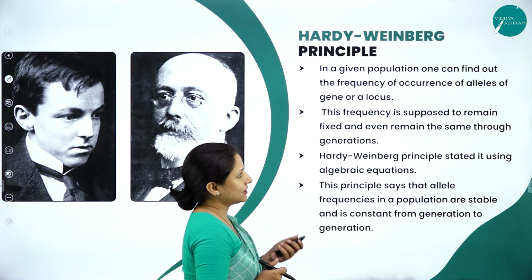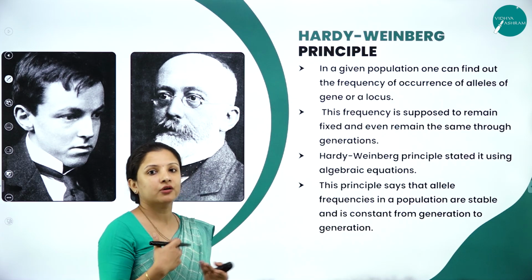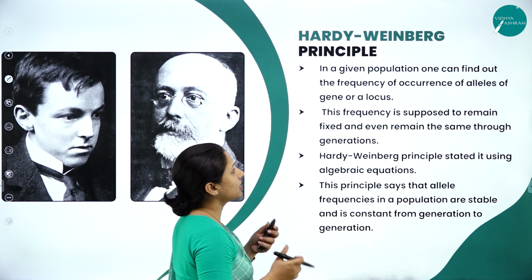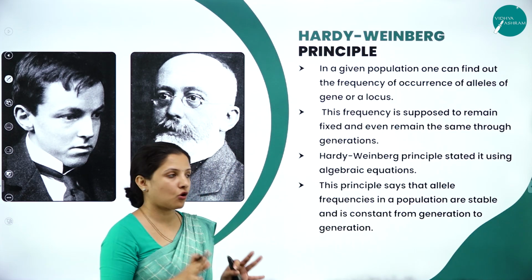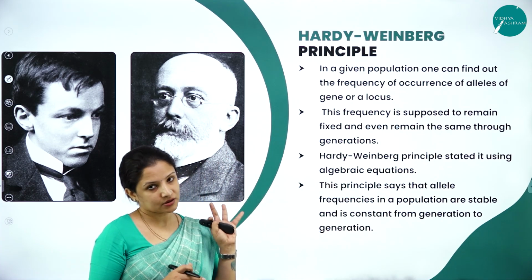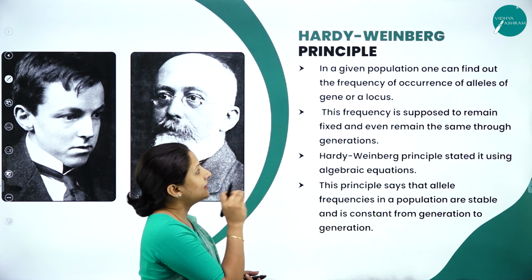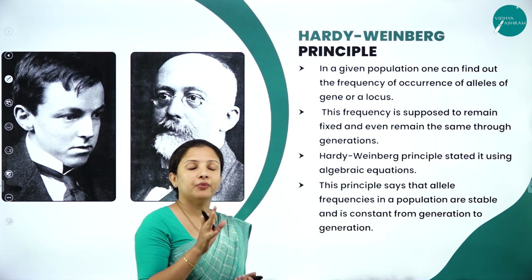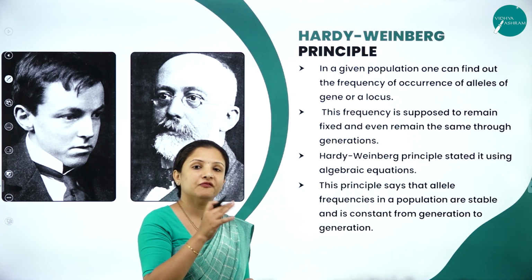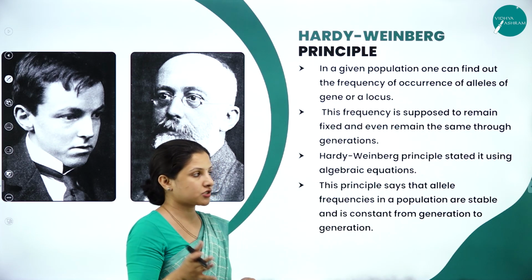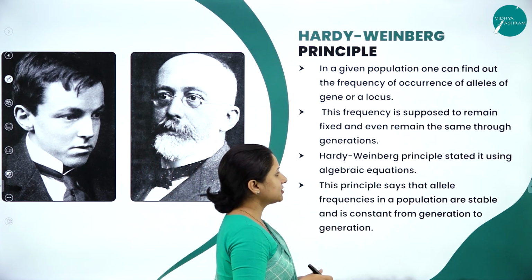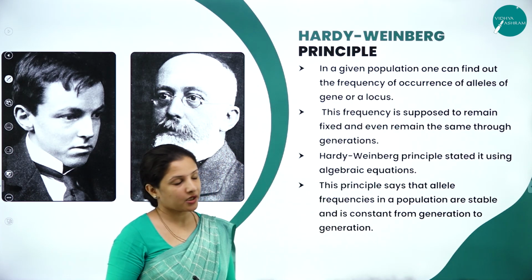This frequency of the occurrence of genes or alleles in a particular population is supposed to remain fixed or constant according to Hardy-Weinberg's principle. They said that the frequency of alleles of a gene or a locus in a particular population needs to be fixed until certain generations, and Hardy-Weinberg principle stated it using algebraic equations.